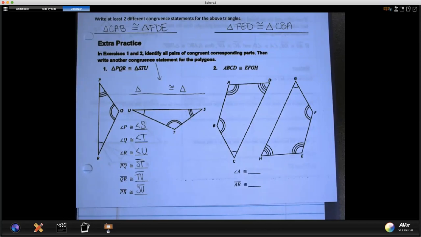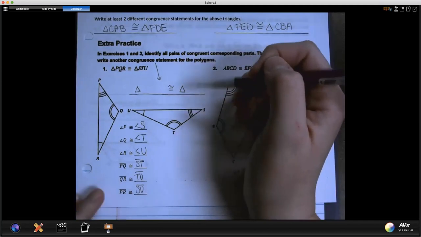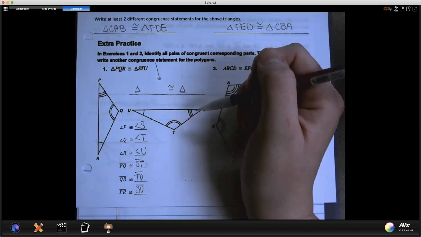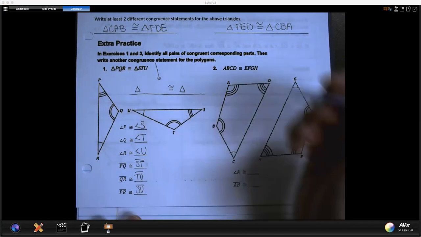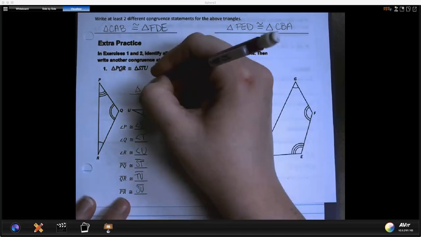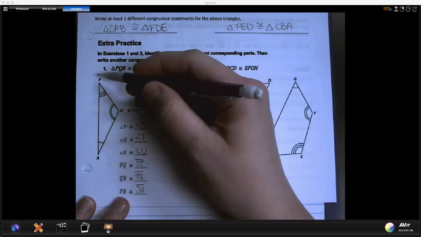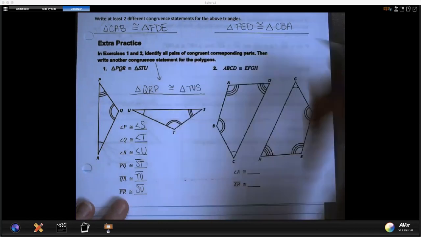Okay, what do we think is an option for this question, or this answer, I should say? Yep. QRP is congruent to TUS. Is that what you said?